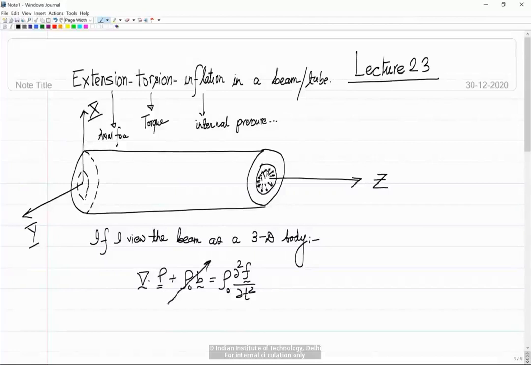So we are going to drop this, assuming that gravity can be neglected and there is no other body force. And also suppose I want to do statics. So I can also drop this term for statics. So the equation reduces very simply to this. And then you have to think of what boundary condition to apply, isn't it? So it has four surfaces.